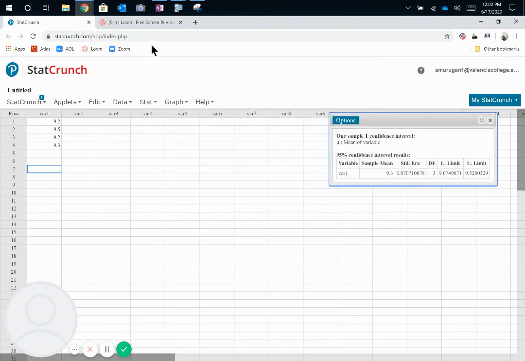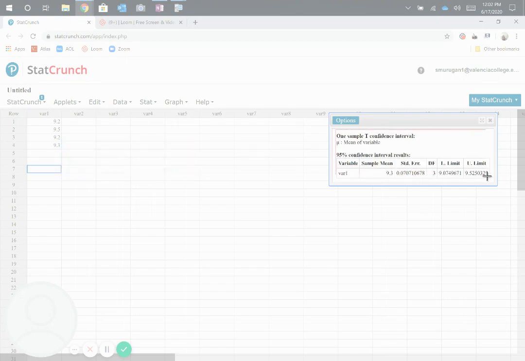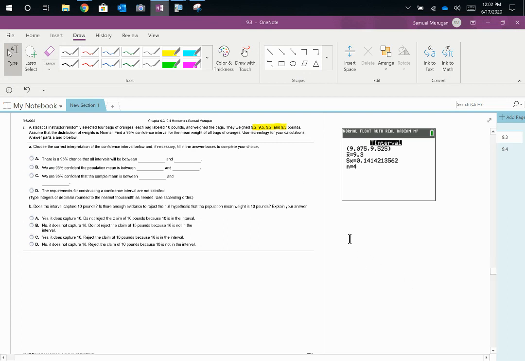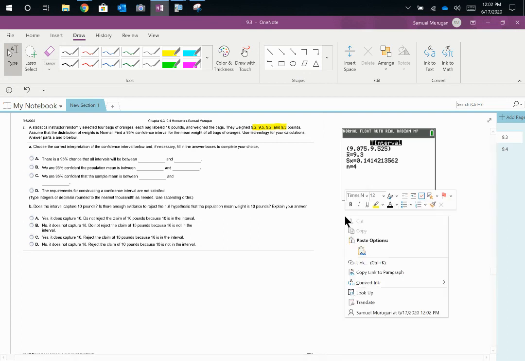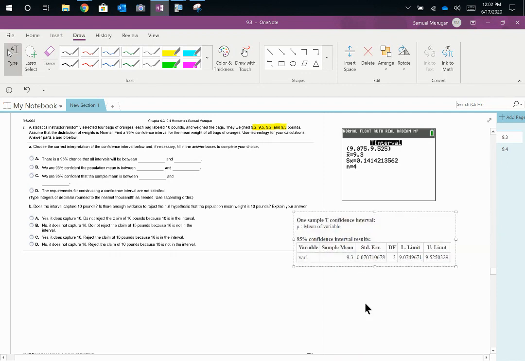And here we have what should be exactly the same reading as we got on the calculator. We'll check them out. Let's go ahead and paste it here. Drag this over a little bit. All right, here we go.